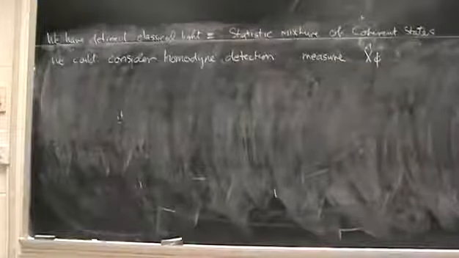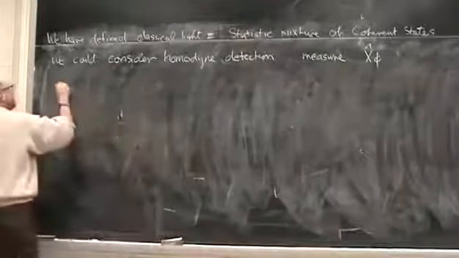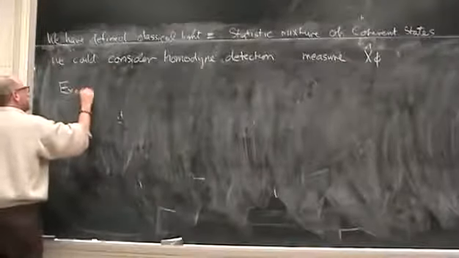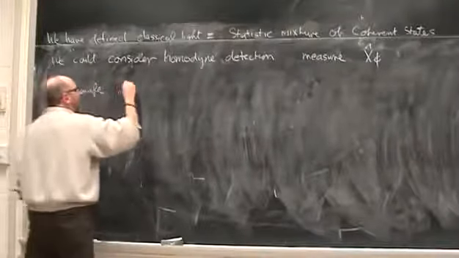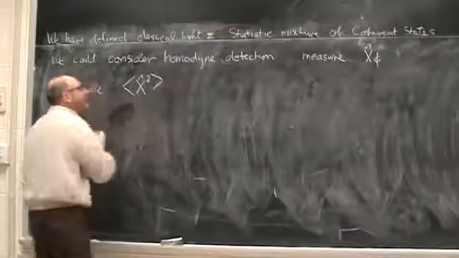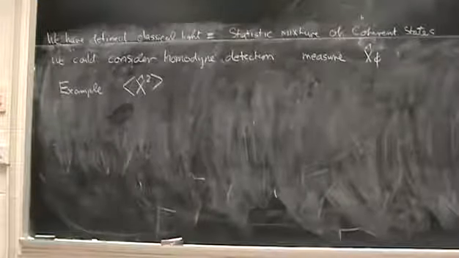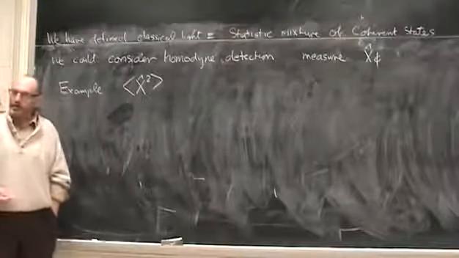So for example, if I wanted to ask, is there a classical model that describes what I expect to see statistically for the square of the x quadrature?